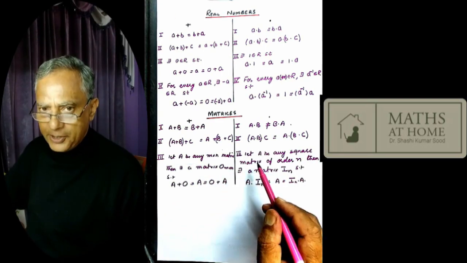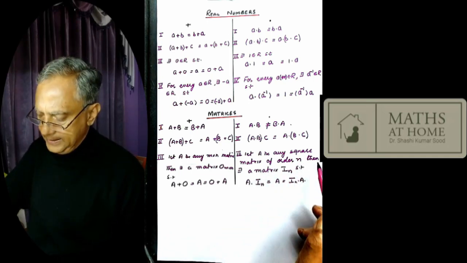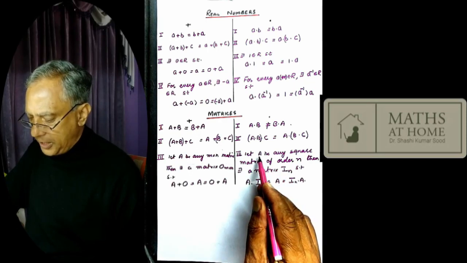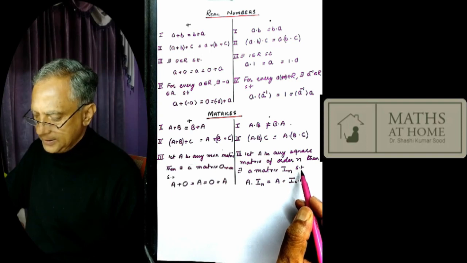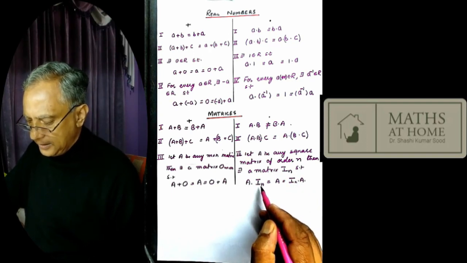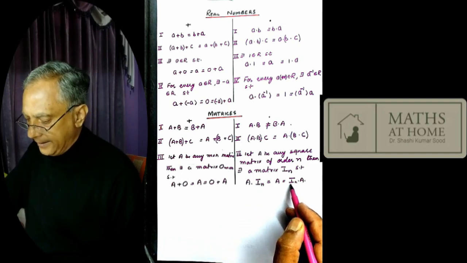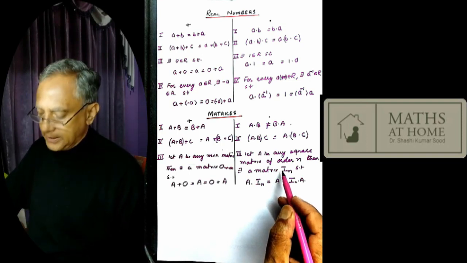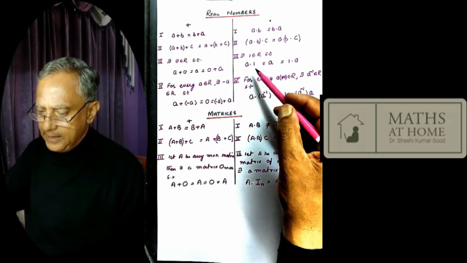And for multiplication, let A be any square matrix of order n, then there exists a matrix of the same order as A, that is In, such that A into In leaves A unchanged. That is, we get A, and In into A is the same as A. Then such a matrix is the identity, as in numbers.